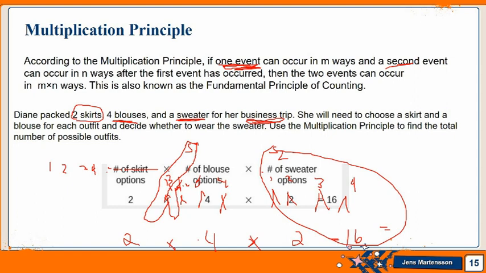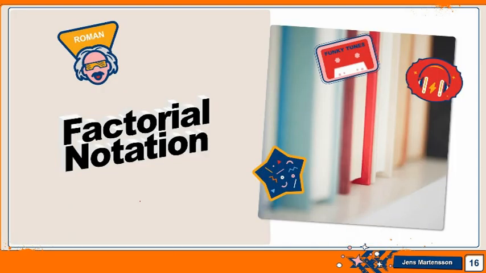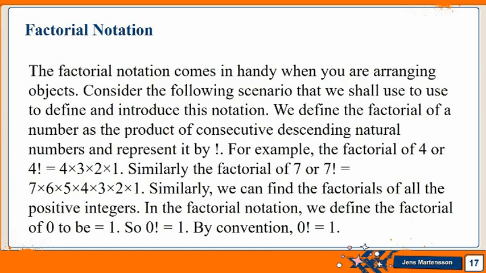So next, we have the factorial notation. When we talk about the factorial notation, it comes in handy when you are arranging objects. So, it is used upon arranging objects.